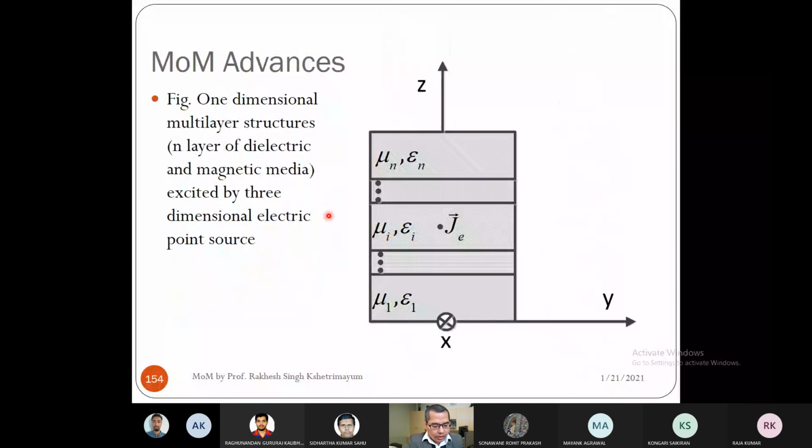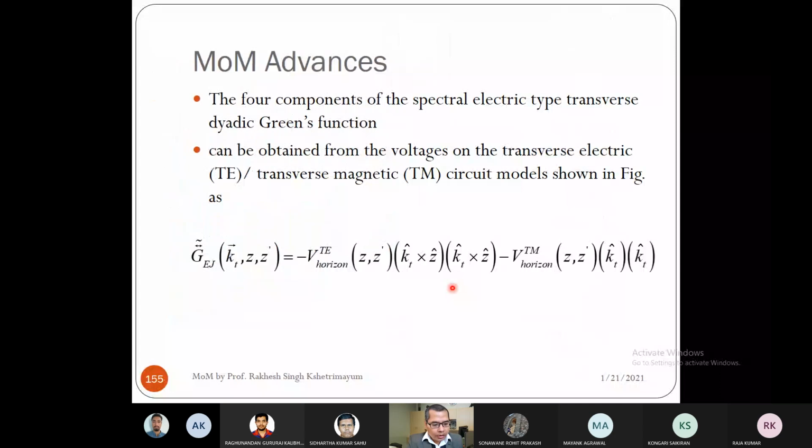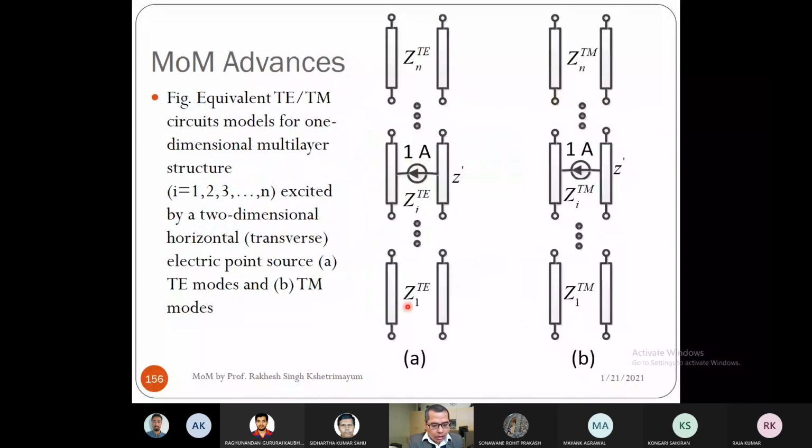N layers, N transmission lines with different characteristic impedance for TE modes and TM modes. And you can calculate the characteristic impedance for TE and TM mode from the mu epsilon parameters. And don't forget that we have a source. We have a source at the ith layer, a current density.